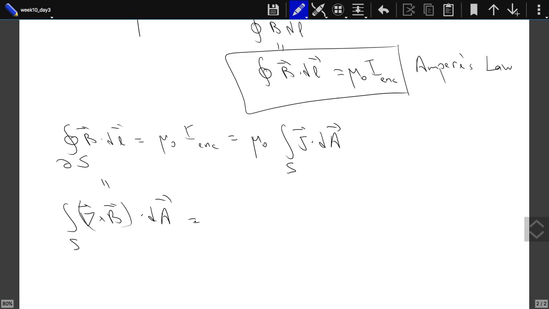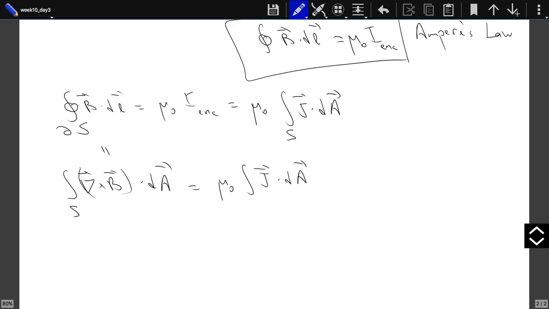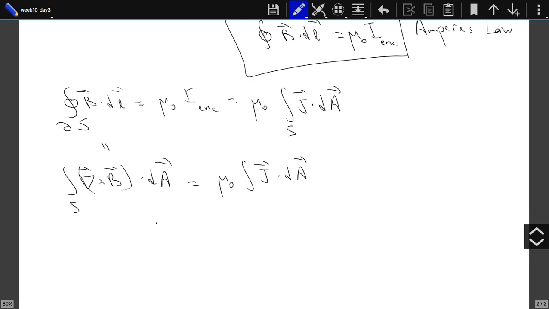This should be equal to mu 0 J dot dA over the same surface. Well, this should be true for an arbitrary closed loop and hence an arbitrary surface. But if this is true for an arbitrary closed loop or an arbitrary surface, this tells me that the curl of B should always be equal to mu 0 J.